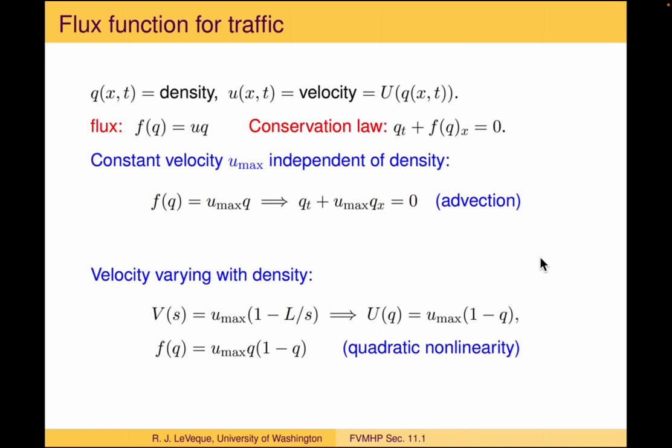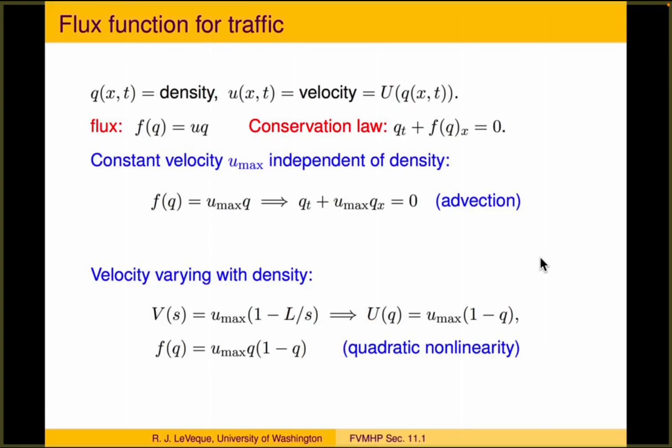So in particular, to match the car following model that we were just looking at, we might choose U(q) to be some maximum velocity, the speed limit, say, times 1 minus q, where q again is the density. And so that would give us a flux function, f(q), that's this velocity, capital U, multiplied by q, and that gives us u_max times q times (1 minus q).